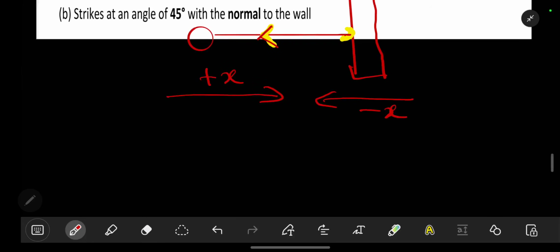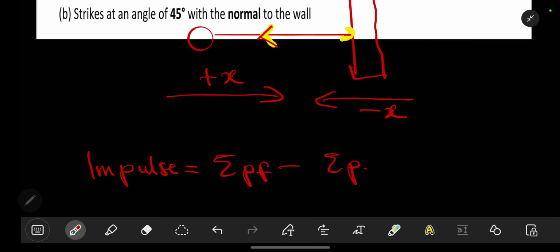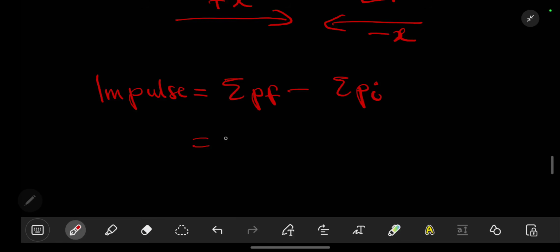So your impulse will be equal to the summation of the final momentum minus the summation of the initial momentum. Remember, the momentum is equal to the product of the mass times the velocity.